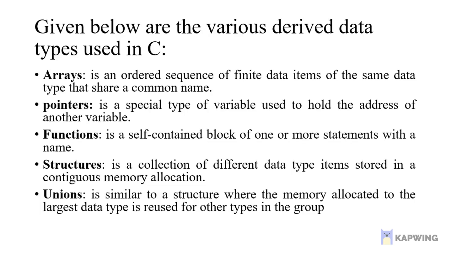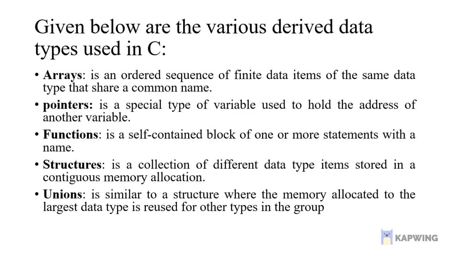Int *A, that is how I declare the pointer variable. Suppose I want to point to the address of another variable, B. First I will declare the pointer variable, then I will say A equal to &B. I want to point to the address of the B location. That is how I will point it.